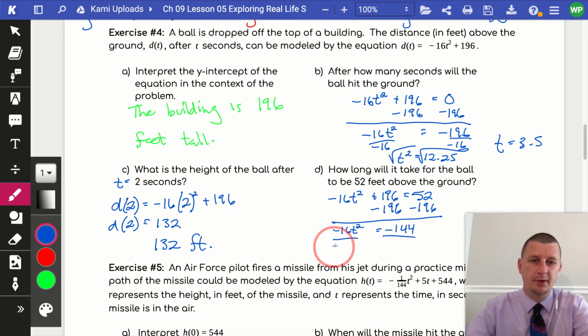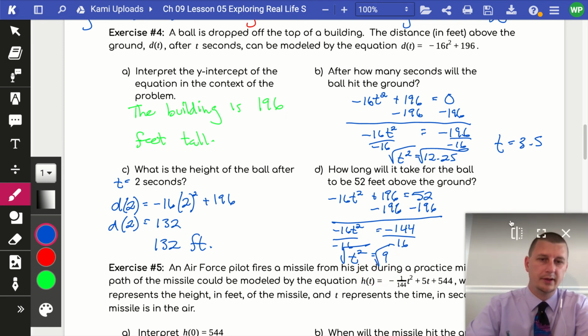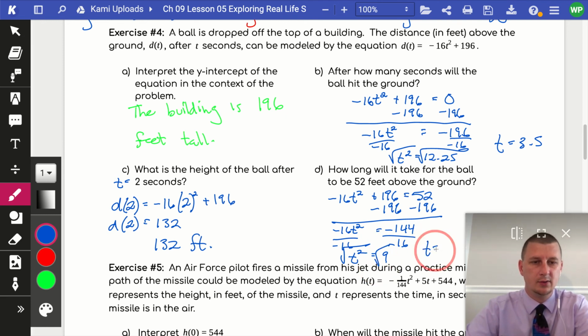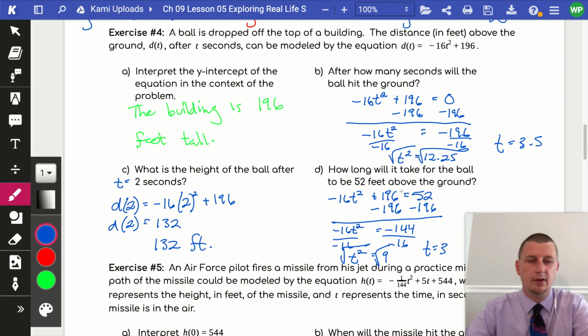Let's divide both sides by negative 16 to isolate the t squared. 144 divided by negative 16 is 9. And when we take the square root here, we're going to have that t is equal to 3. So how long will it take for the ball to be 52 feet above the ground? It's going to be 3 seconds.